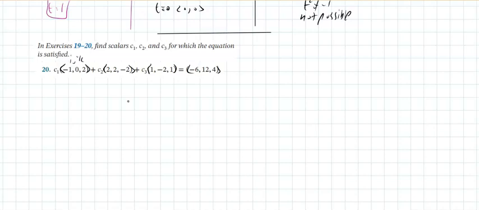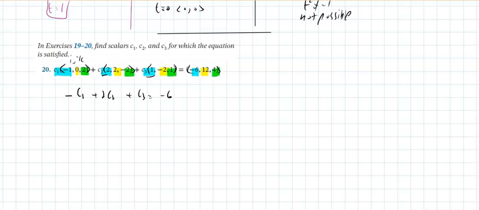What we're saying here is that negative C1 plus 2C2 plus C3 must equal negative 6, because the i component of each must equal the i, the j component in each must equal the j, and of course the k component of each must equal the k. This is how vectors work.